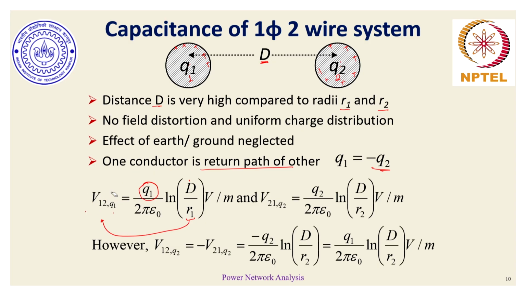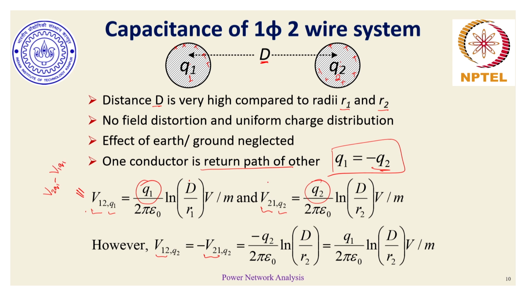So we have two such charges, Q1 and Q2, so we would have two such potential differences. One is V12 because of charge Q1. Similarly, we would have V21 because of charge Q2. The expressions look similar, the only difference is in the charges themselves. And since Q1 is the negative of Q2, V12 Q2 would be the negative of V21 Q2. Why? Because V12 Q1 is nothing but V2 Q1 minus V1 Q1.